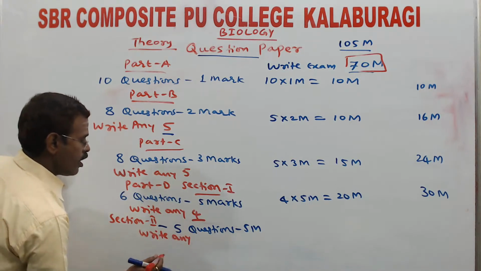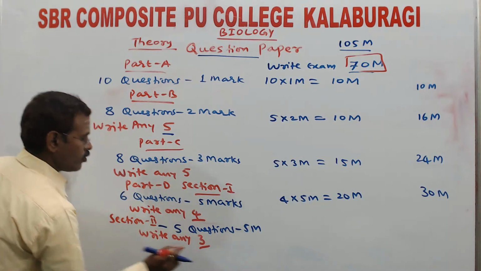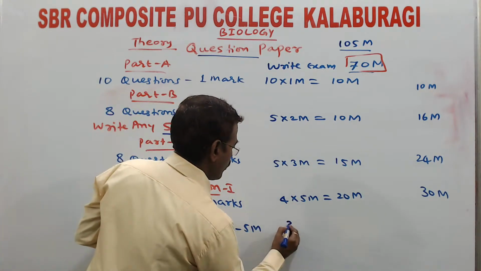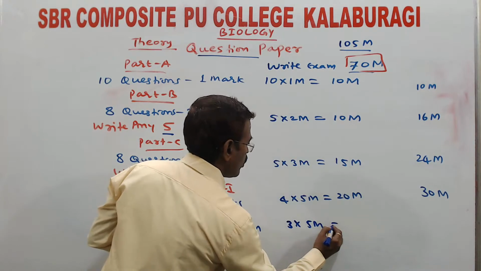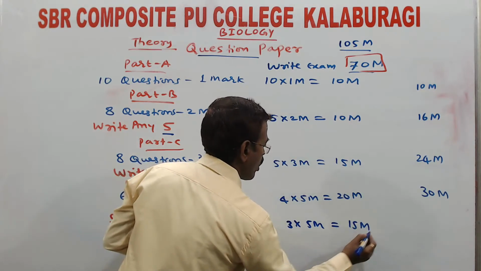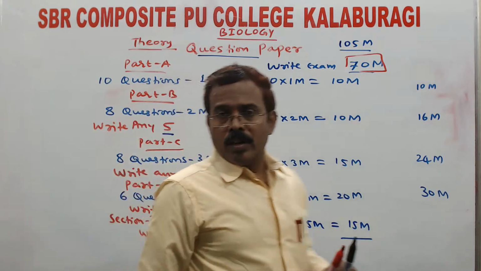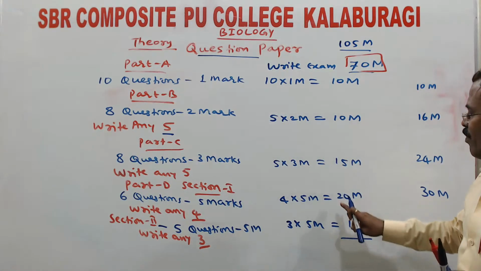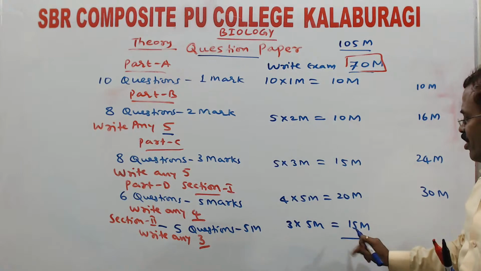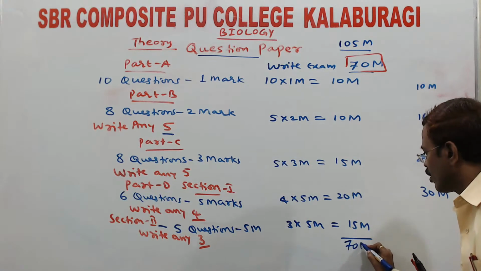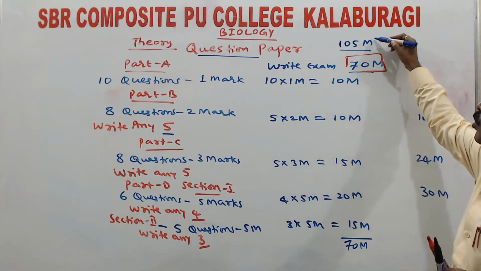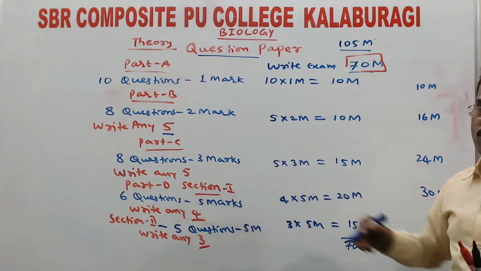Write any 3. So any 3 means 3 into 5 marks is equal to 15 marks. Total: 10, 10, 20, 15, 35, 55, 60, 70. So we write the exam for 70 marks. The question paper will be of total 105 marks because of choice questions.